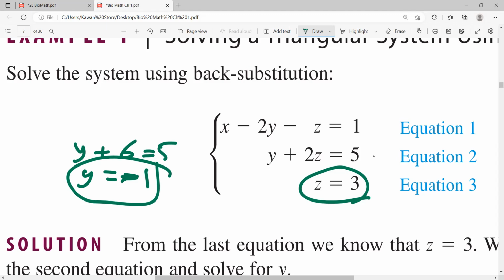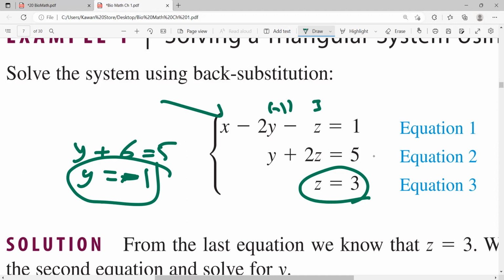How about if I have x and y? If I have a 3 here and a minus 1 here, of course, it's easy to find the value of x. Do you have any questions? Is it clear how we solve it? Dears, hello? Is it clear? Shall I repeat it?